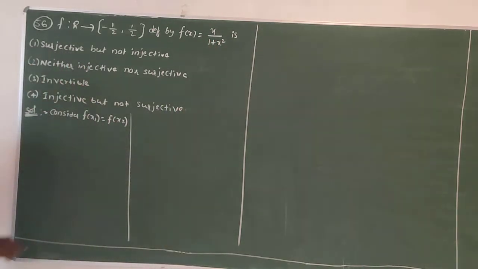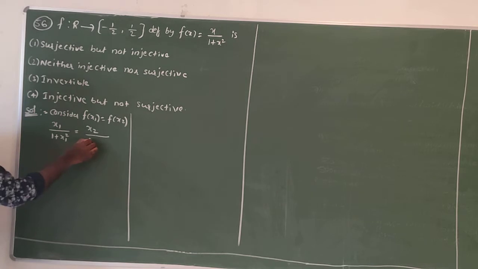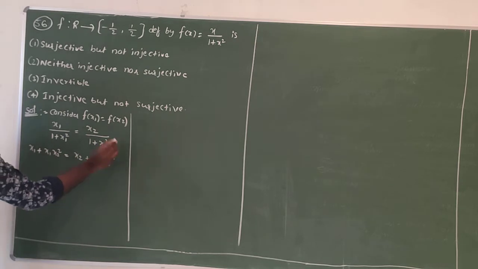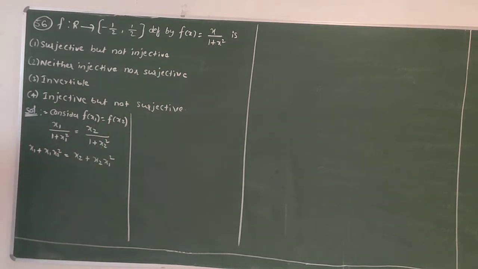Instead of x, substitute x1, then what you will get? x1/(1 + x1²) equals x2/(1 + x2²). Now cross multiplication: x1 + x1x2² = x2 + x2x1².